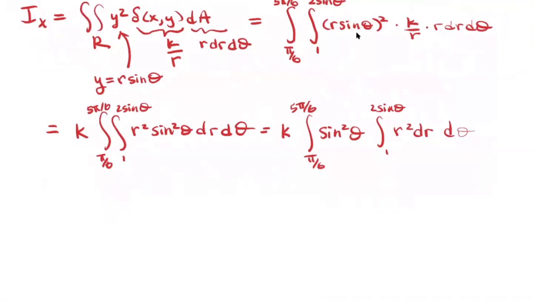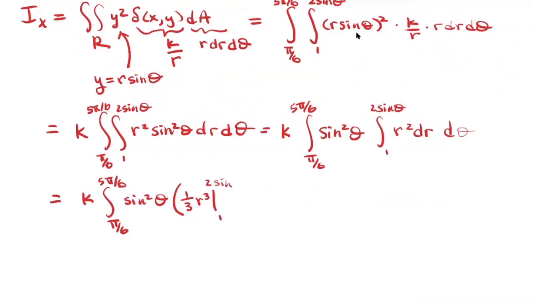Let's keep going. I'm just going to leave that sine squared there. So you get that sine squared theta, and then maybe in parentheses, we're going to have a 1/3 r to the third. Okay, r is going to go from 1 to 2 sine theta.